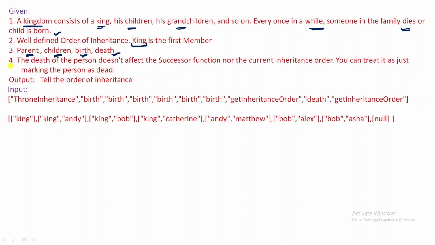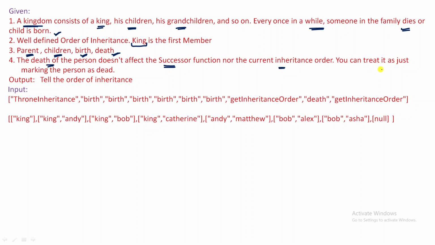If a person in the kingdom dies, it will not affect the order of inheritance, that is, who will be the successor, the next person who is going to be the king.